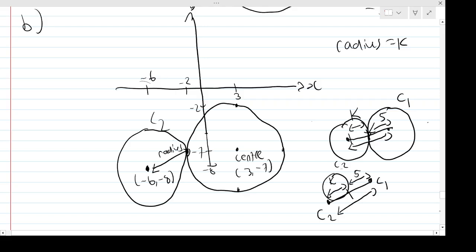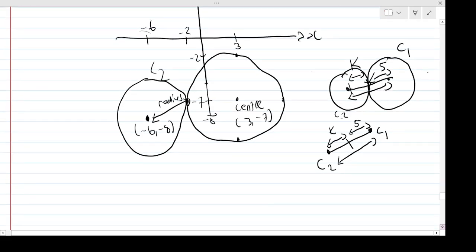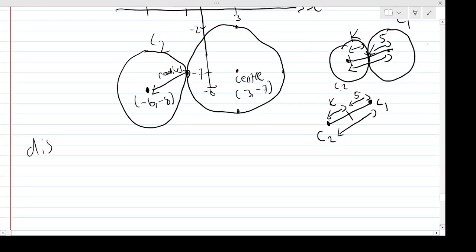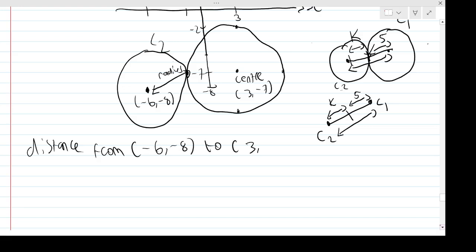I can then find K by splitting into two parts. So firstly, the distance from the centre at C2, which was -6, -8, to the centre at C1, which was 3, -7, we can do by the distance formula. We know how to do that, right?